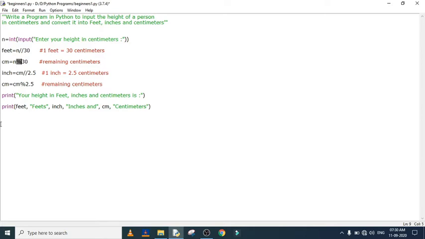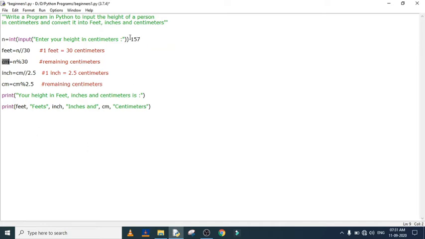The remainder left in the previous statement will be taken by this variable cm. So the value of this variable will be 7 now, because out of 157, 5 feet are stored in feet, and the remaining 7 centimeters are stored in this cm variable.